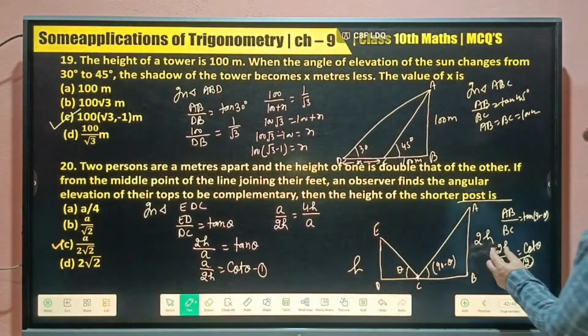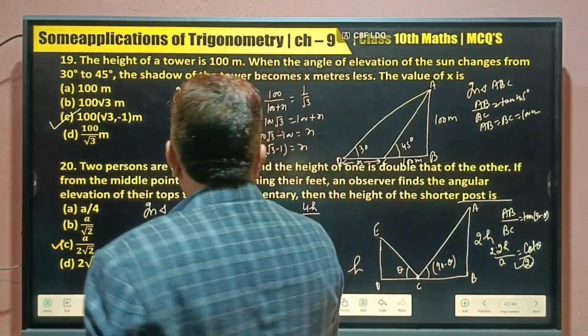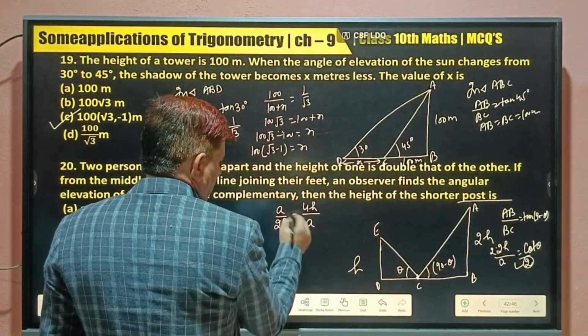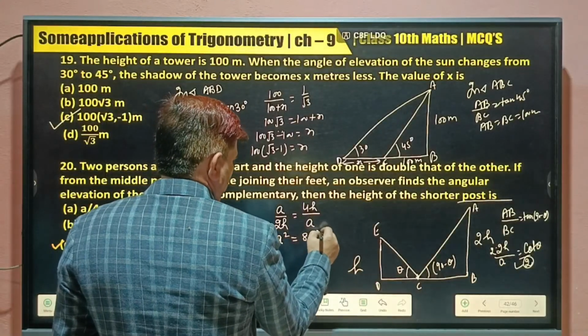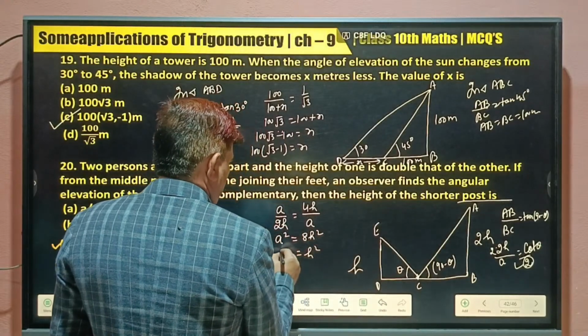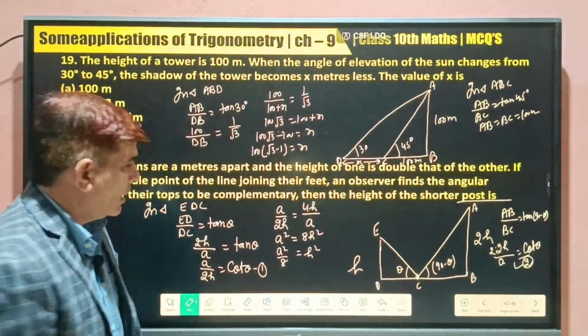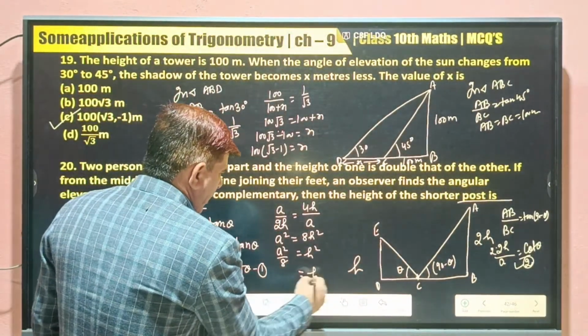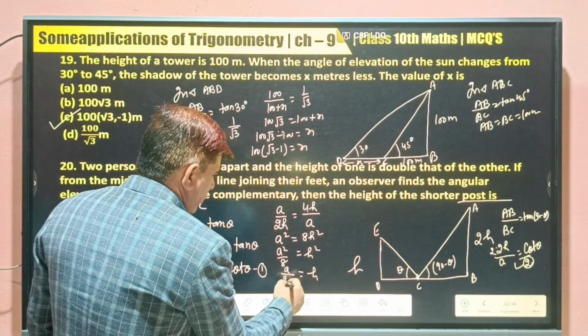Why have I taken 2H? So what does it become? It becomes, by cross multiplication, A square equals 8H square. So what's your H square? It is equal to A square by 8. Taking under the root, what's your H? H equals A upside and 2 under root 2.